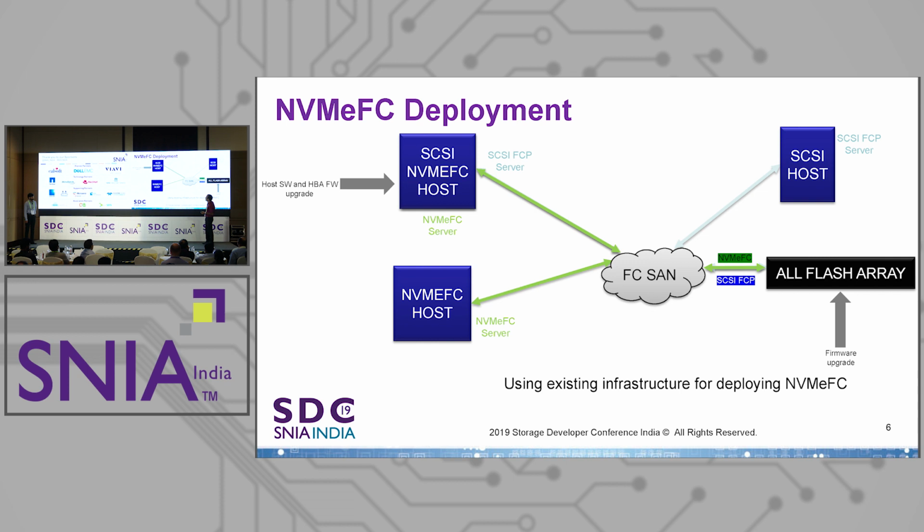When this association is accepted, then on top of this association, we create a lot of queues. I will talk about this in my previous slide also, when I get back. So a lot of queues are created, and for all those queues, some limit is set on how many commands can be outstanding at max.